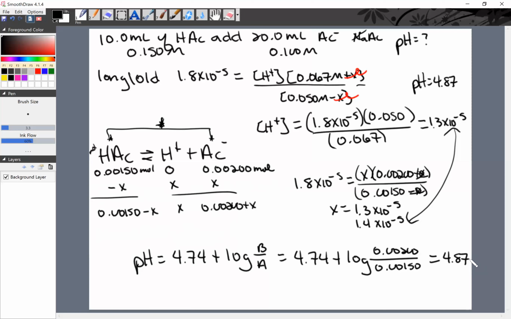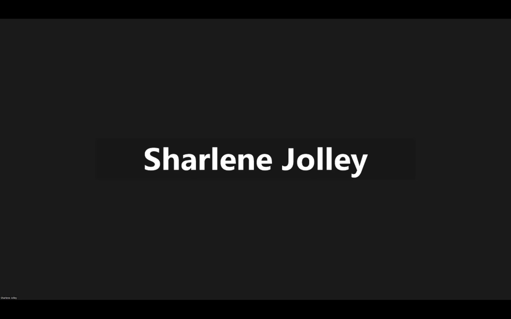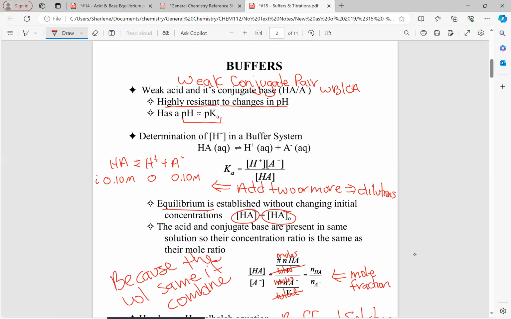We have not played with it a lot, but let's do a little highlight. In this chapter, we're going to talk about buffers. We're going to talk about titrations, but this little section, let's just focus on the buffers. What is a buffer?